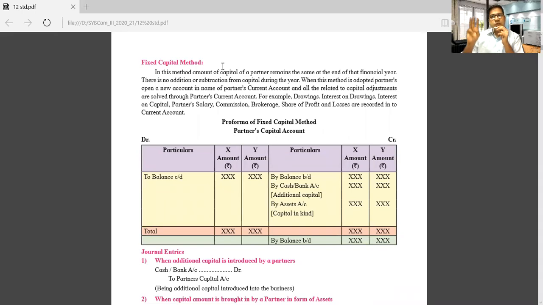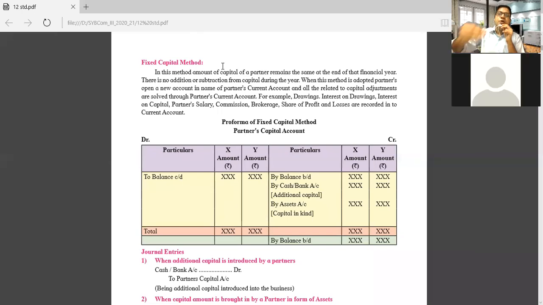B has brought 20,000. C has brought 30,000. A brought 10,000, B brought 20,000, C brought 30,000. Three partners brought the capital. Such capital we will record, and throughout the financial year we will keep it as it is.